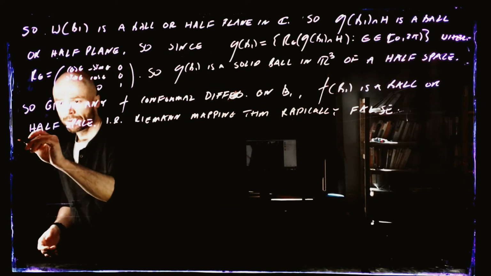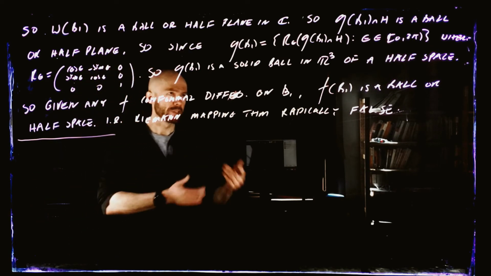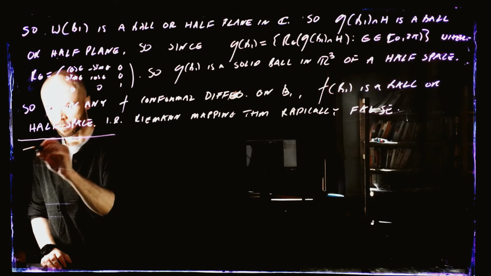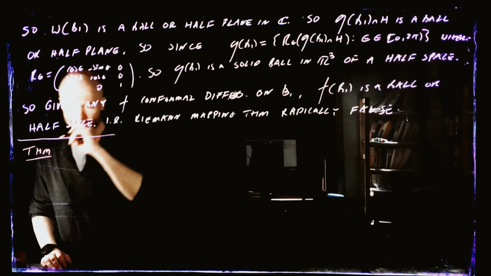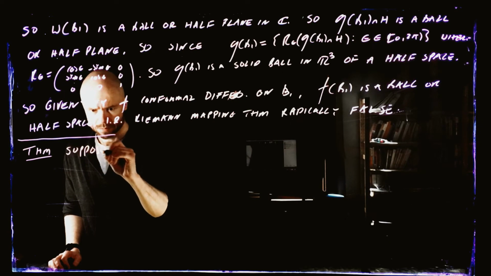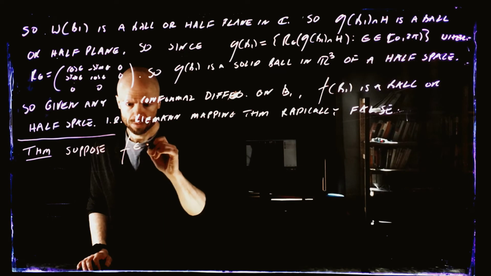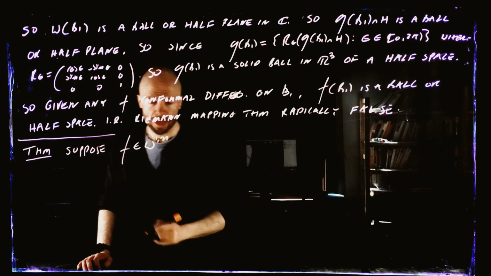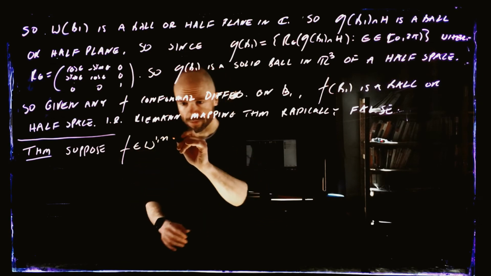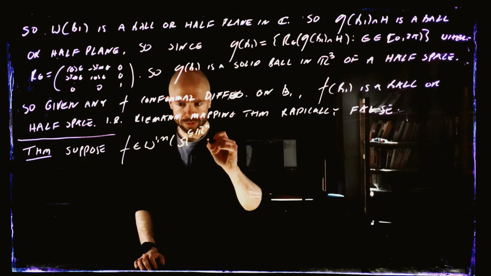So this gives you a hint of some of the greater restrictions that might be around for quasi-regular mapping. So here's just one theorem indicating that. Theorem, suppose F, so in the most general form we define it in W^{1,n}, because we want to have integrable derivatives.